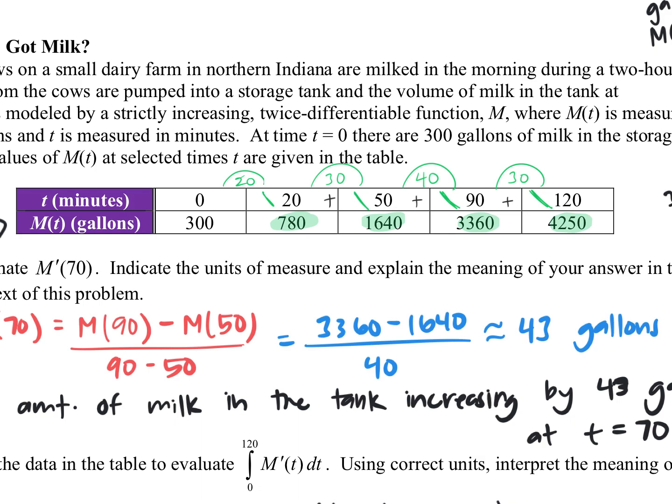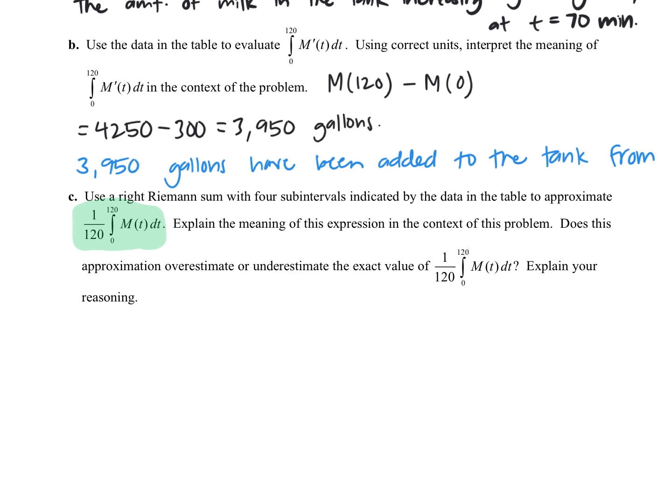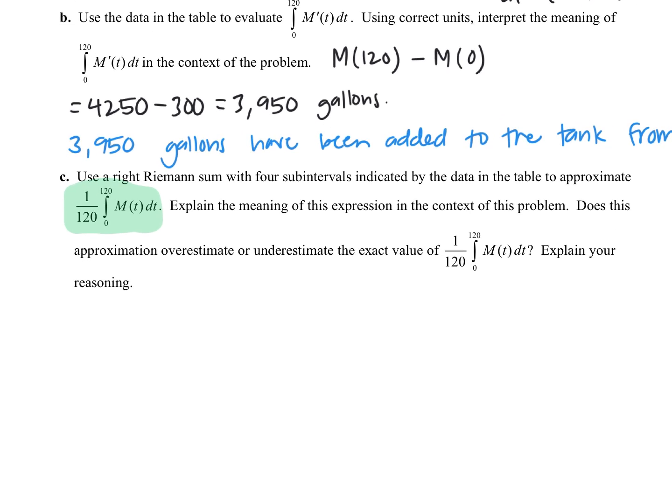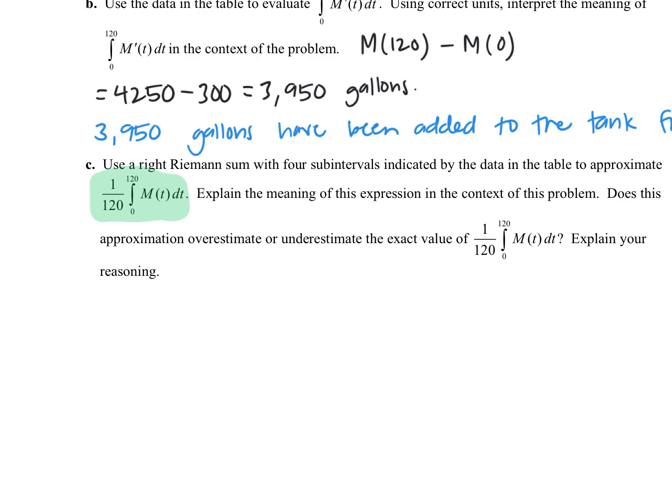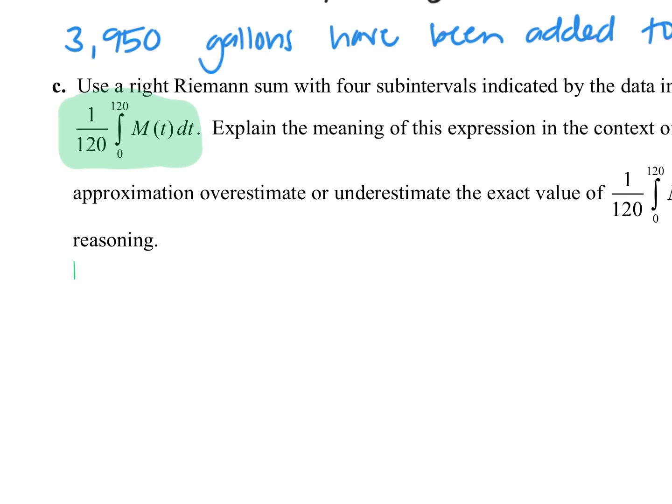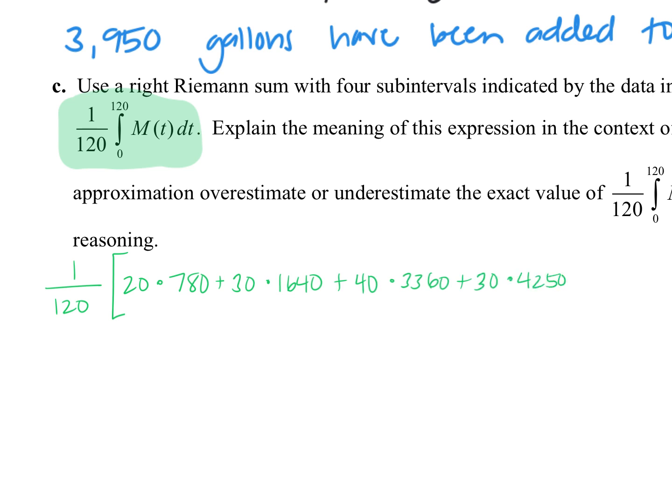I'm going to write the same thing, write the formula down from example 3 here. So we are evaluating 1 over 120 times 20 times 780 plus 30 times 1640 plus 40 times 3,360 and then plus 30 times 4,250.